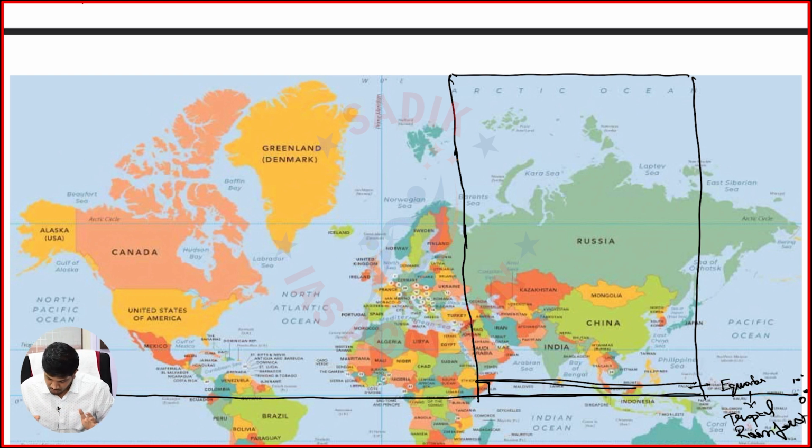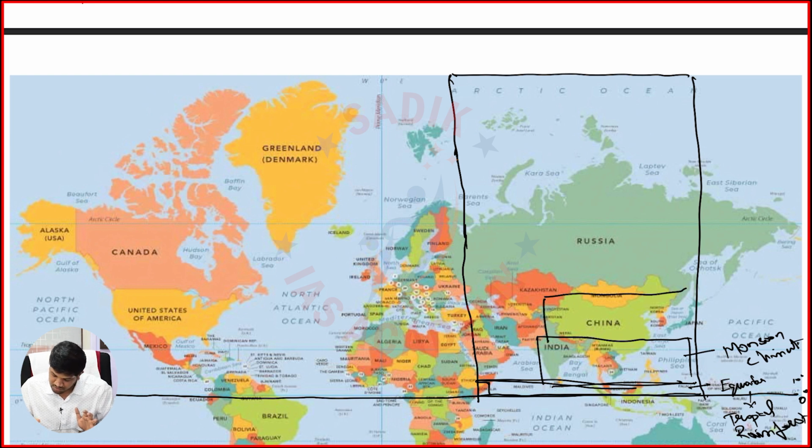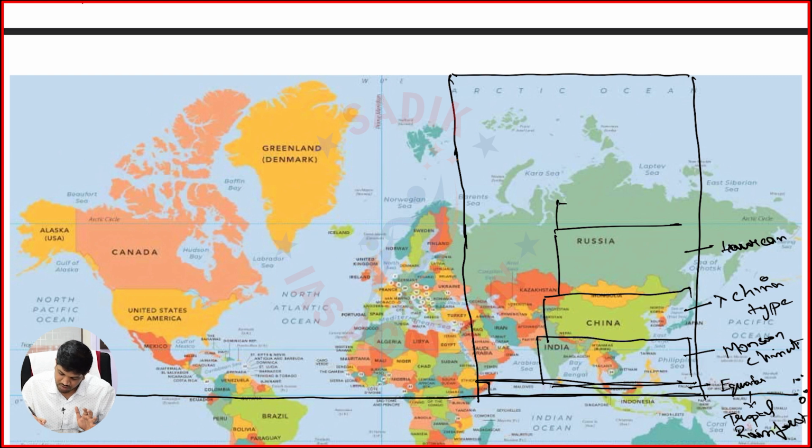Now, if you place the checkerboard here, this area is monsoon climate, and if you go above, this area is China type, and above this it is Laurasian climate, and above this it is taiga, and above this it is tundra.